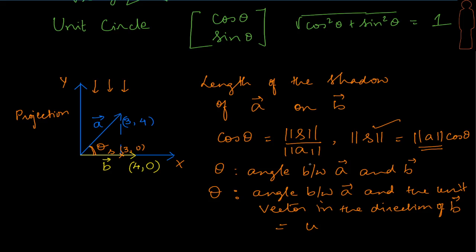And that is why this part, magnitude of A times cos theta, has got a definition in vector algebra. This has been defined as A dot u. You know what the A vector is, A vector is given to us. U is the unit vector in the direction of B vector. This is a definition, and it is called a dot product.